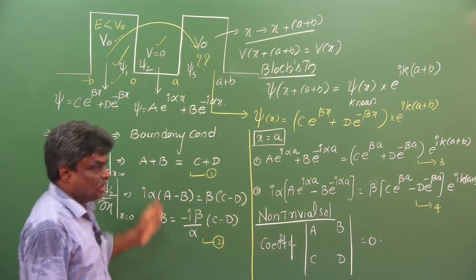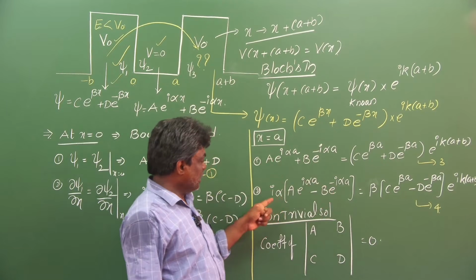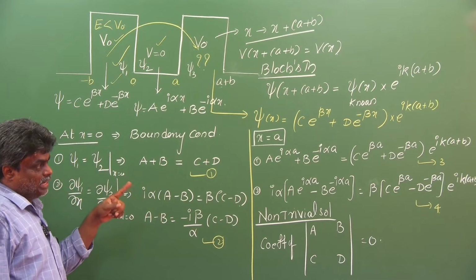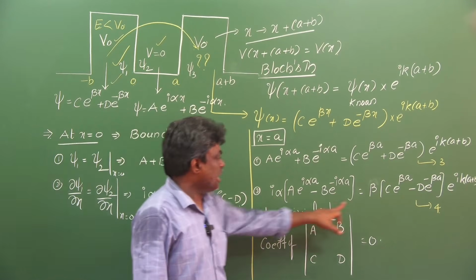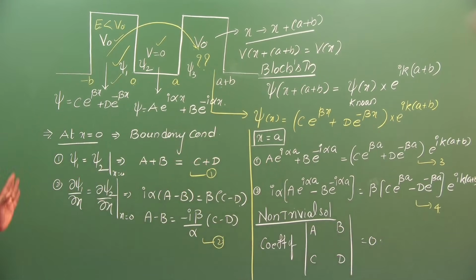We have to add ones, subtract ones, add ones, subtract ones. Then you will get A, B in terms of C, D. Then what will you do? You can bring i alpha to this side. In quantum mechanics also we do the same thing. We bring that and add ones and subtract ones.